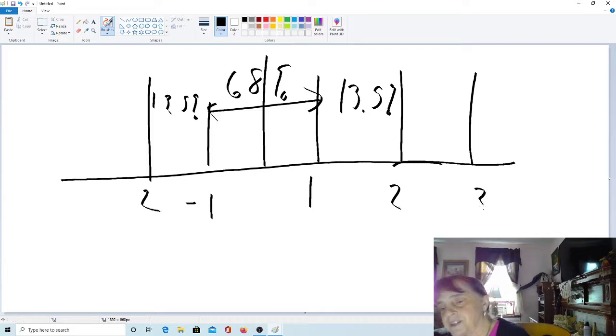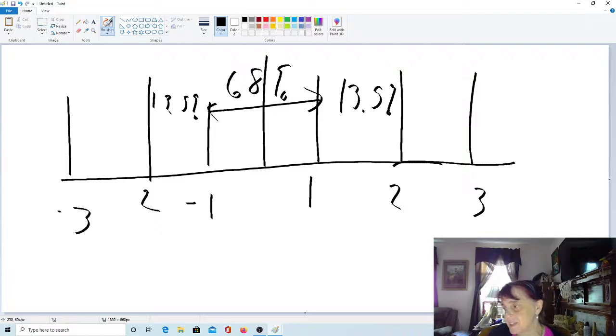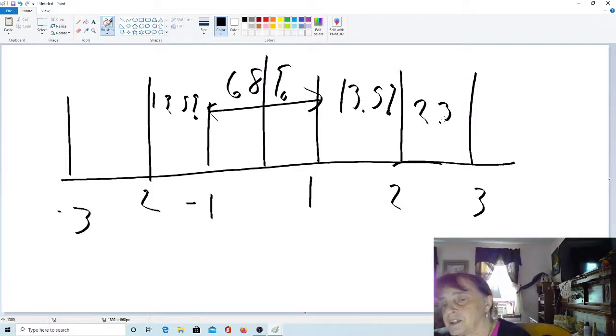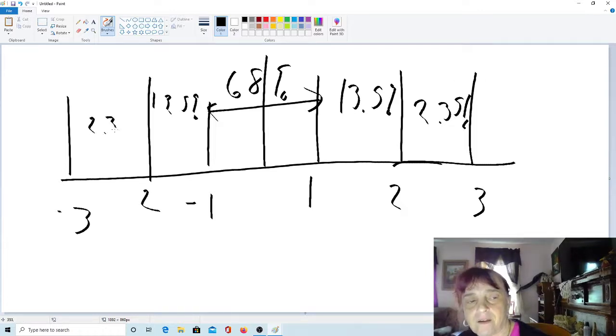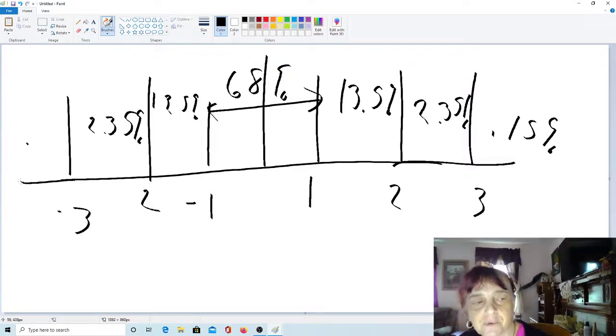And then from 2 to 3, it'll be 99.7 minus 95 divided by 2, which is 2.35% of the data. And then 0.15% is here, and 0.15% is here.